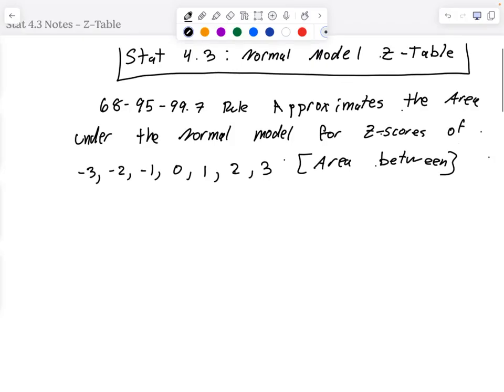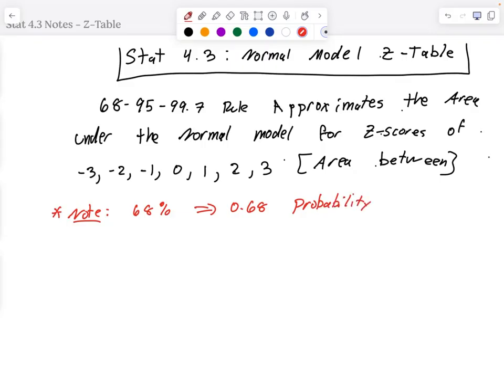Now, something to note. I do want you to note this. 68% is the same thing as 0.68 probability.